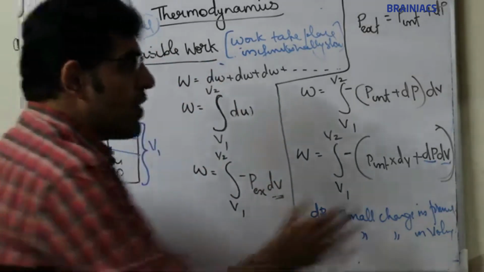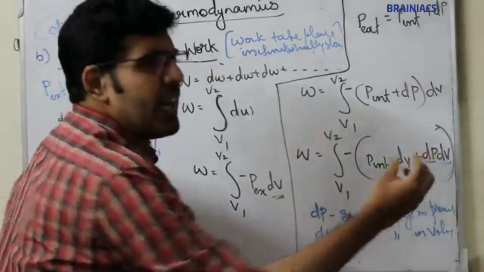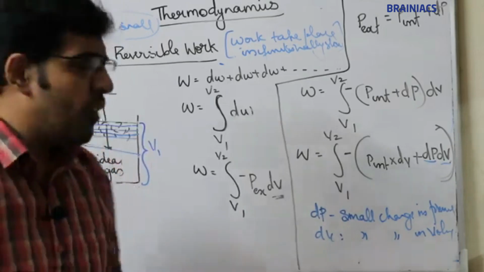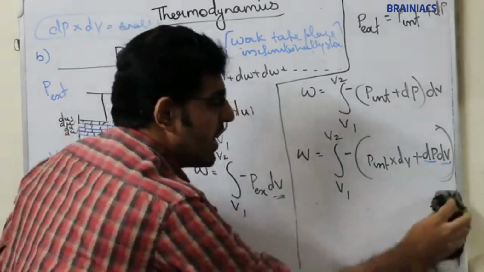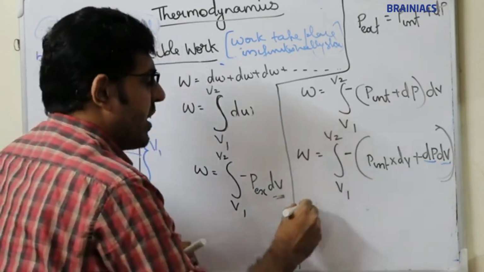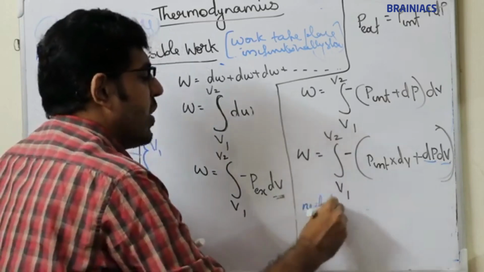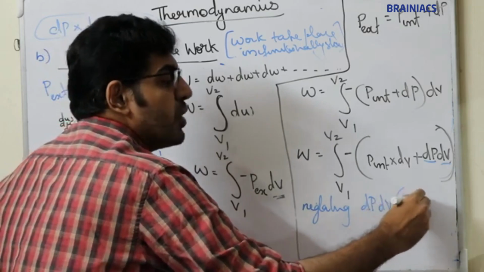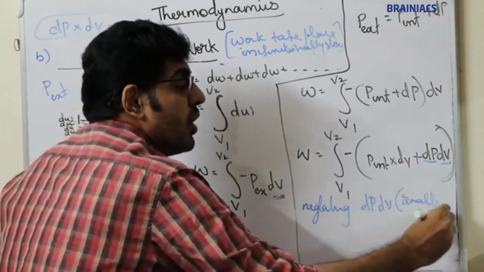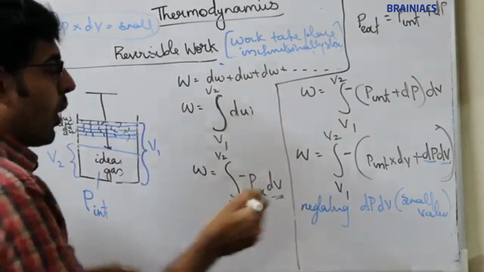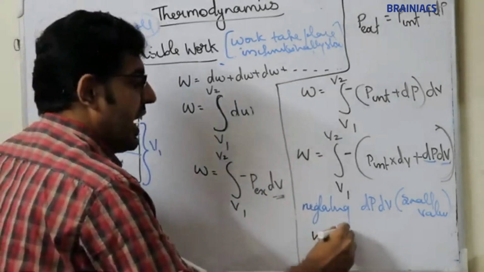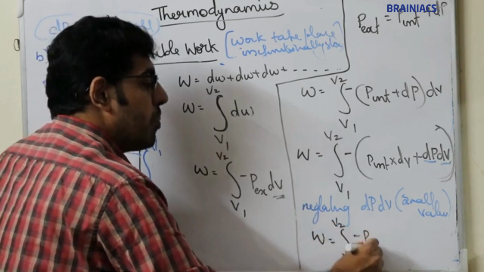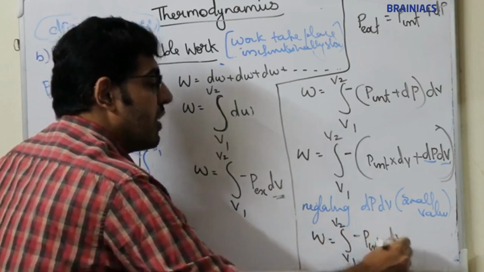So I am neglecting this part because dP dV always gives a very small value. So we can neglect that part. You will get W is equal to integration of V1 to V2 minus P internal into dV.